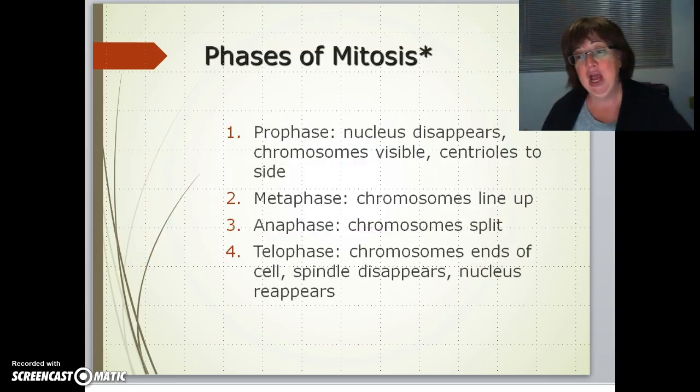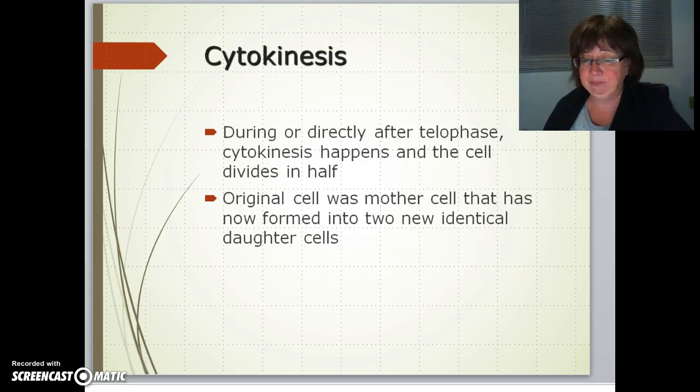So to go back, in prophase, the nucleus disappears, the chromosomes become visible, the centrioles move to each side, and spindle bodies form. In metaphase, the chromosomes line up. In anaphase, the chromosomes split apart and move away. In telophase, the chromosomes move to the ends of the cell, the spindle fibers disappear, and the nucleus reappears.